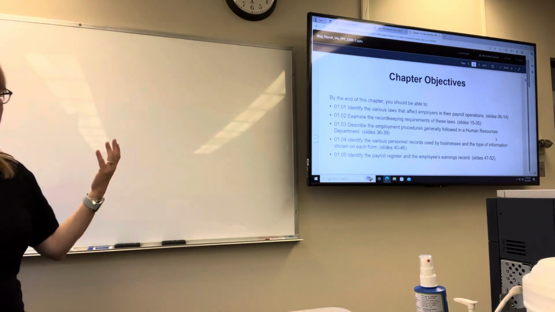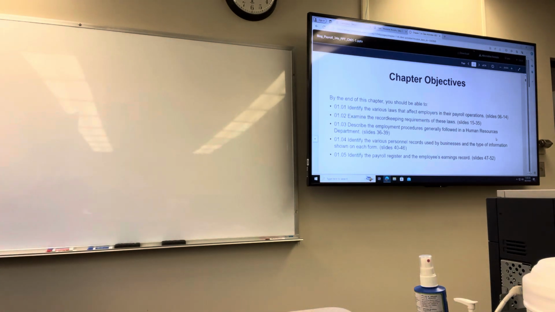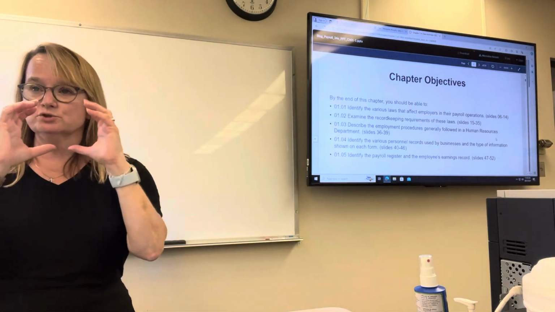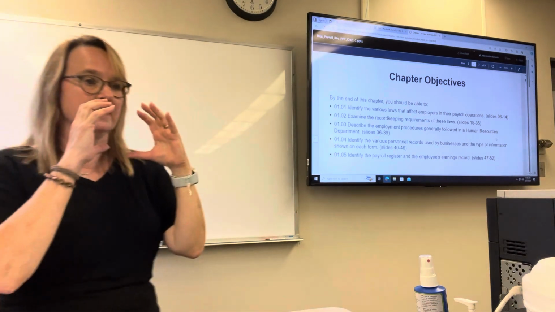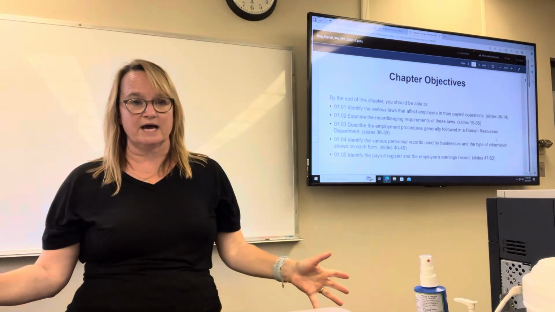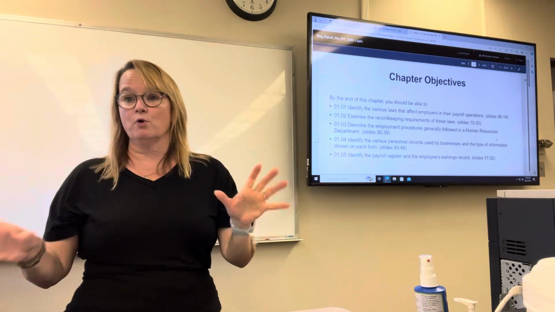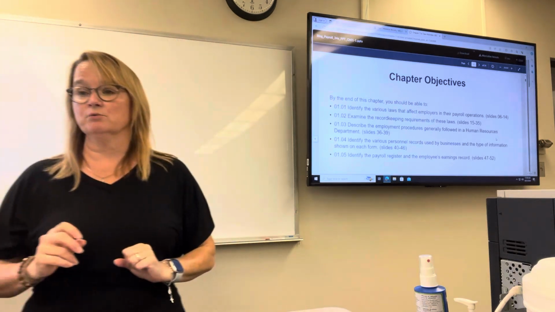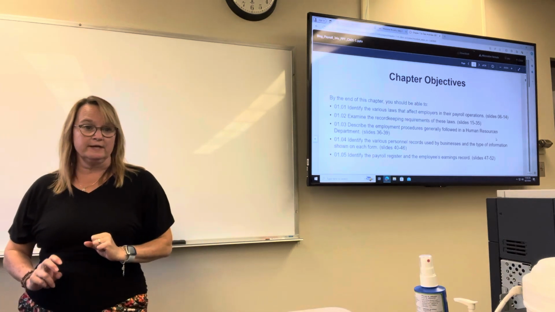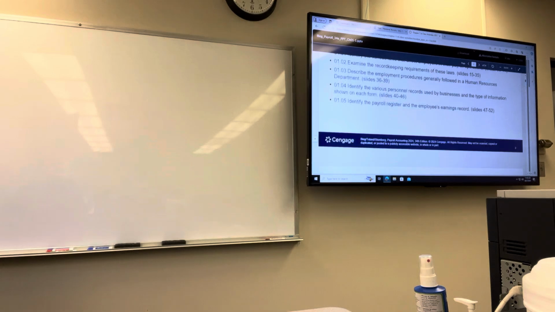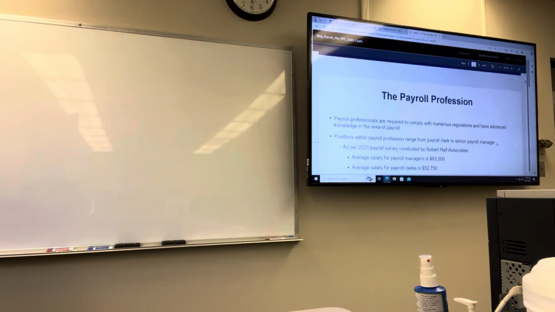You can think of the spokes on a bicycle, and those 2 records are at the middle of those spokes, and a lot of information flows out from them, and it's used for various record-keeping requirements, for the preparation of payroll, for end of the year reporting, and so on. So you'll become very familiar with those.